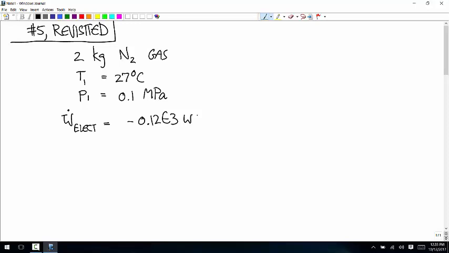And this whole process takes 10 minutes, so that's 600 seconds. So if you want it as a total change in energy due to this electrical work, you have negative 0.12 times 10 to the third times 600 seconds gives you negative 72 times 10 to the third joules.